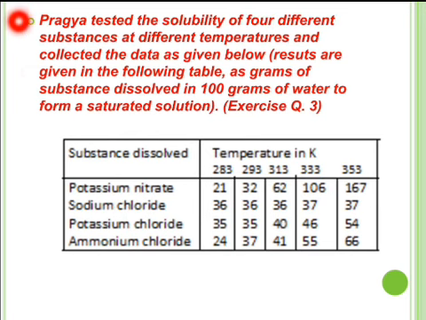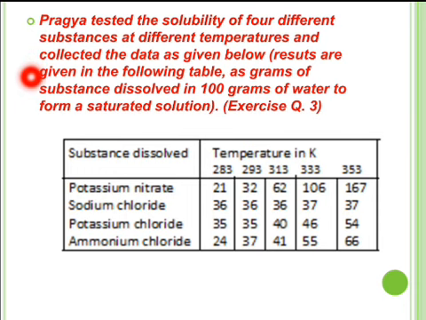Let us do one question based on the solubility of different substances in the same amount of solvent at different temperatures. This question is given in your Science NCERT textbook in the exercise part, question number 3. Pragya tested the solubility of 4 different substances at different temperatures and collected the data as given below.